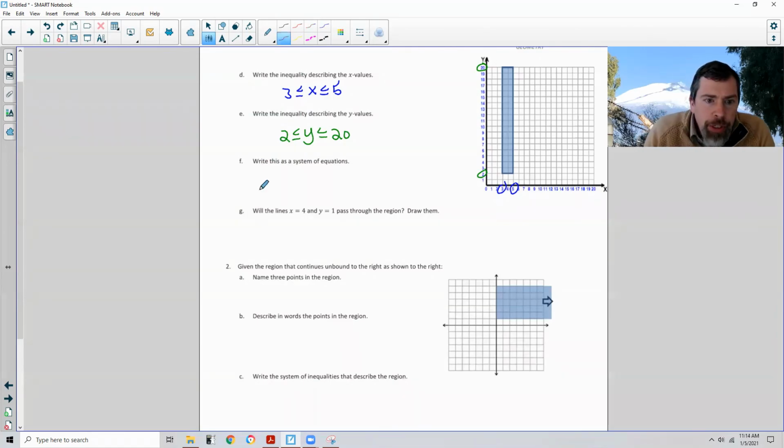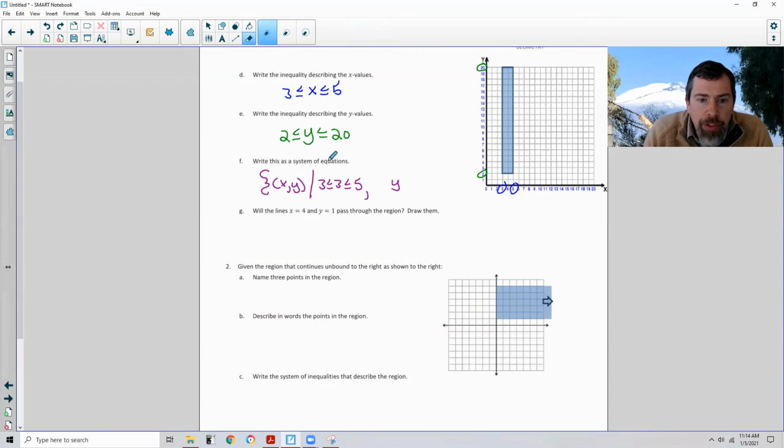Okay, so what you would do here is use set builder notation. So you'd say the set of all x's and y's such that, and then we would just list these, such that x is between 3 and 5, and y, I put a 3 here, just a moment, let me fix that. This is not a 3, it's a y.